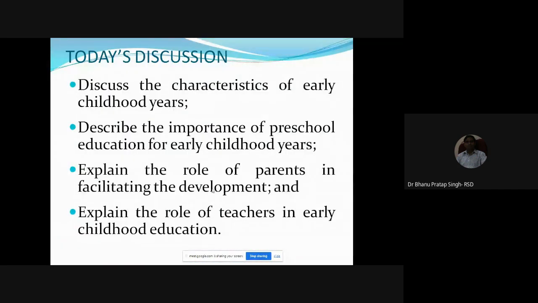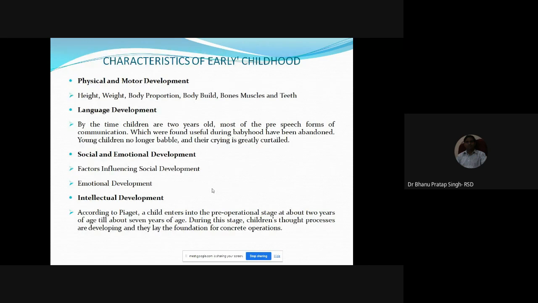In this particular unit, we will discuss characteristics of early childhood years, importance of preschool education for early childhood years, role of the parents in facilitating the development, and the role of the teacher in early childhood education. So the subtopics are mixed. Let us see what is new, although we have learned so many things about these.